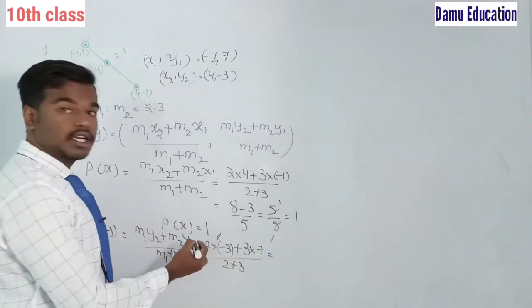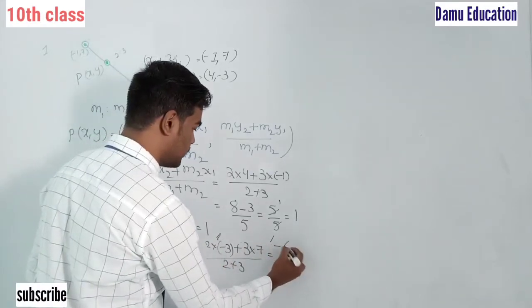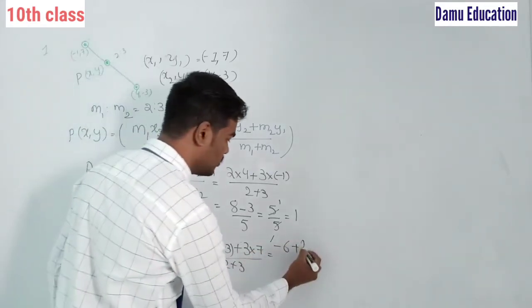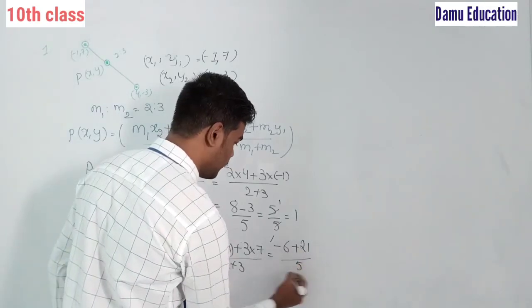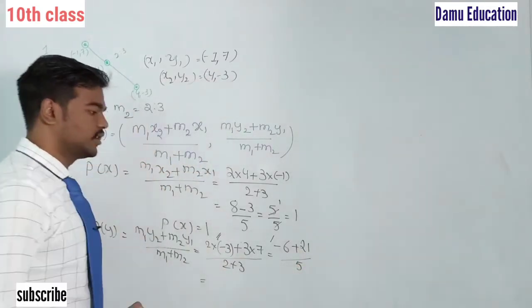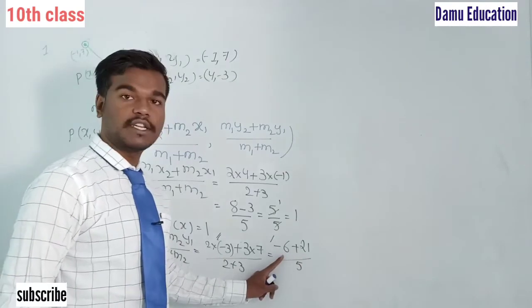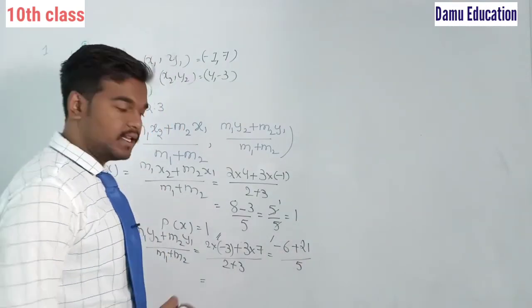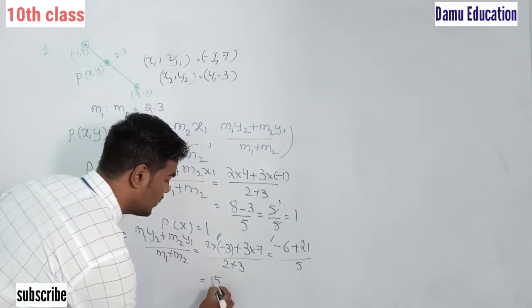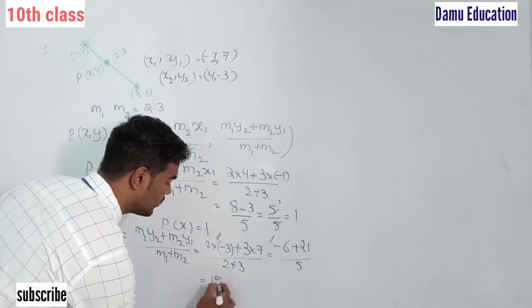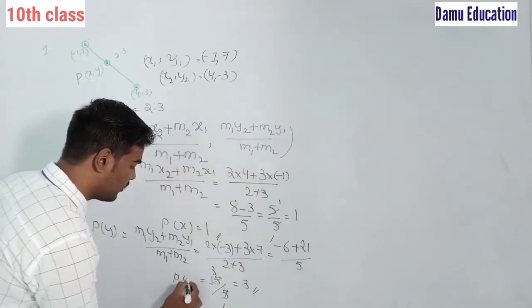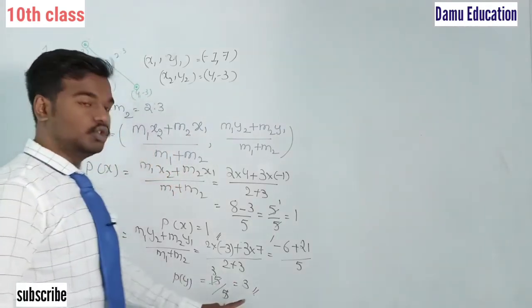So 2 3s are 6, -6 plus 21 whole divided by 5. So 21 minus 6 is 15. So 15 by 5, 5 3s are 15, that is 3. So P of y will be equal to 3.